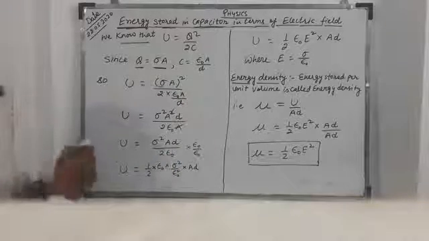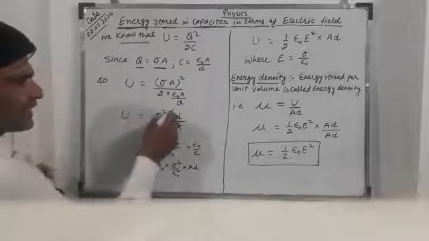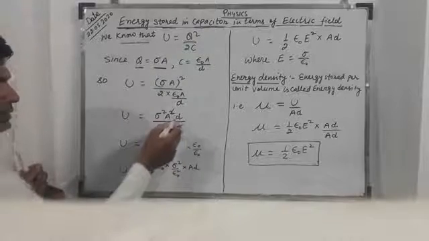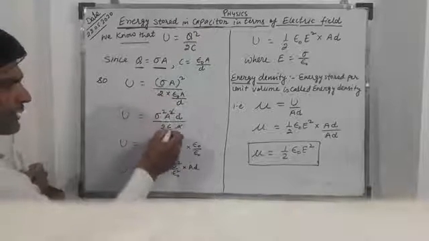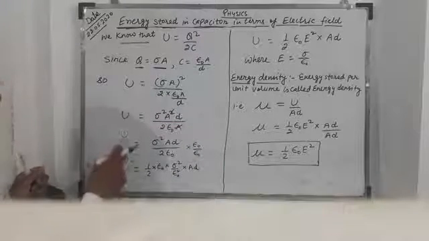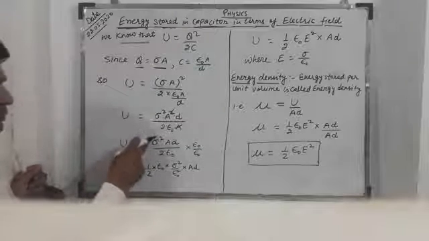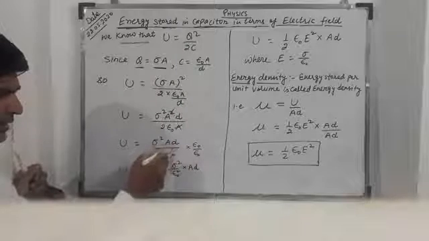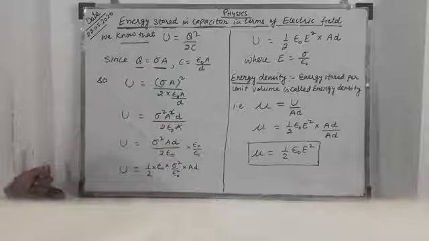Then U is equal to sigma squared A squared, and this d goes to the numerator, upon 2 epsilon naught A. Then U is equal to sigma squared A d upon 2 epsilon naught.